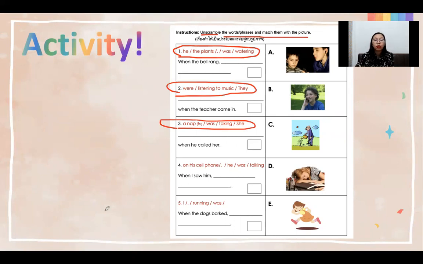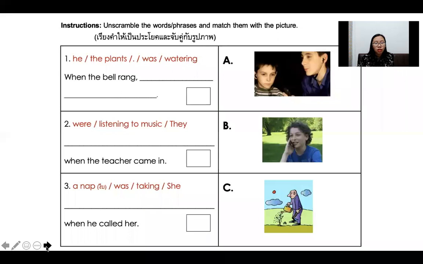You just have to unscramble them. So again, remember the formula of the past continuous: subject, was or were, verb ing, and then complement.